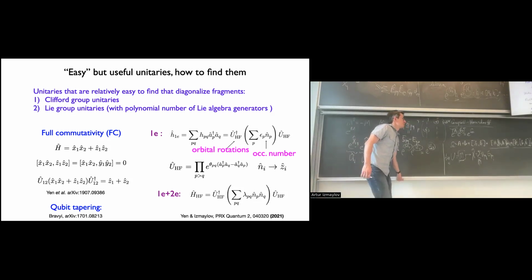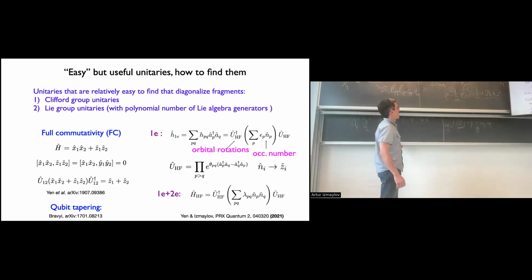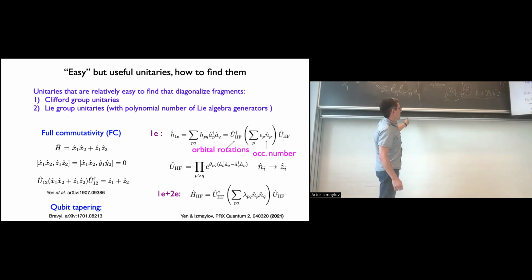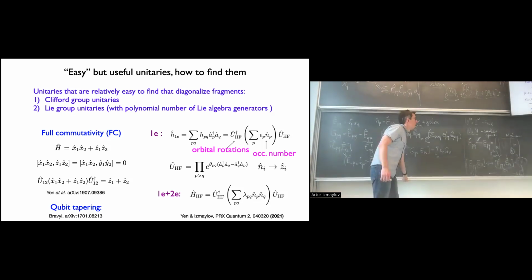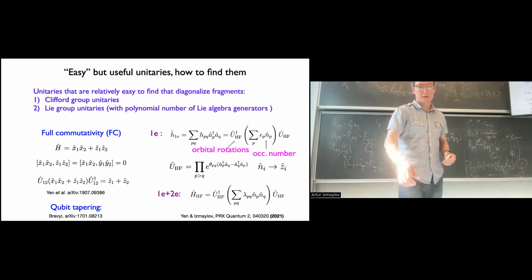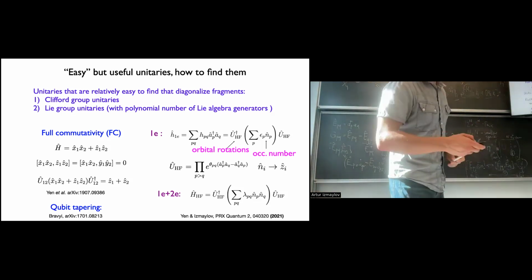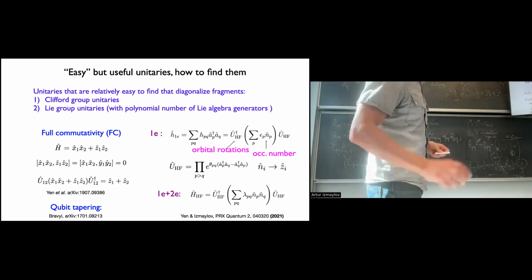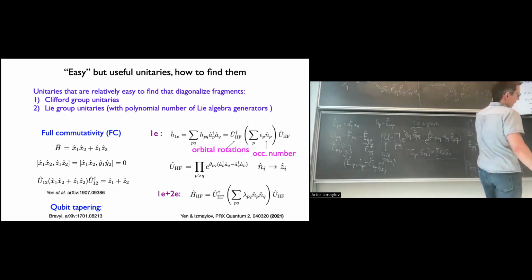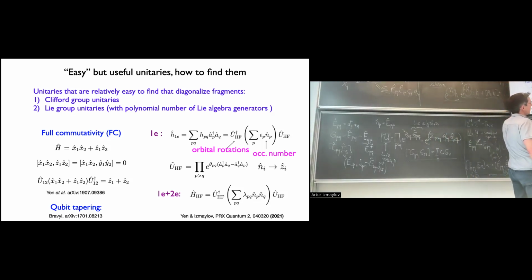So that sort of finishes this topic of measurement. Now essentially the bottom line here, one can say, is that the isomorphism between the operators and small linear spaces helps us in both cases: in the full commutativity case, to find the unitaries which are Clifford unitaries.